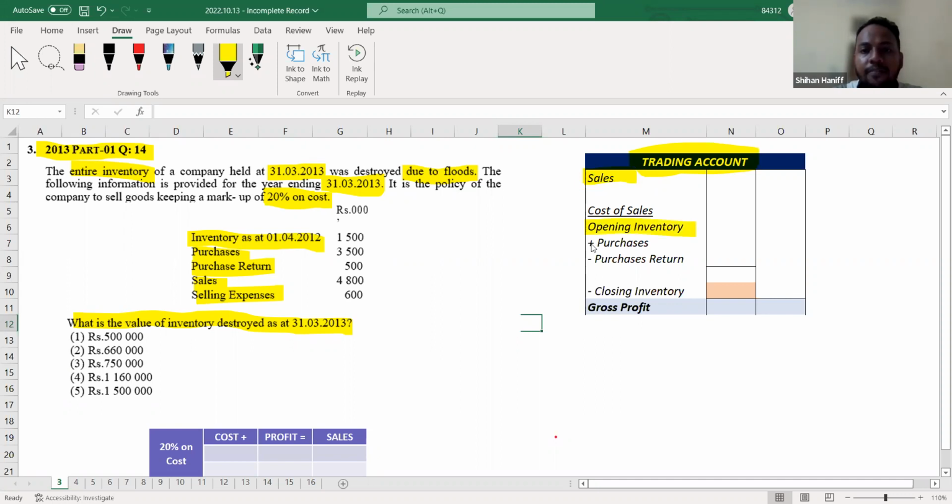Then opening inventory, purchases and purchase return are given, and from the sales you can find the gross profit or cost of sales. From that you take the closing inventory value. Can you all tell me how much is the closing inventory which was destroyed due to the flood?